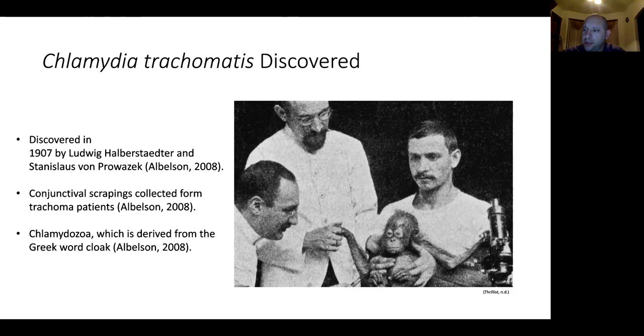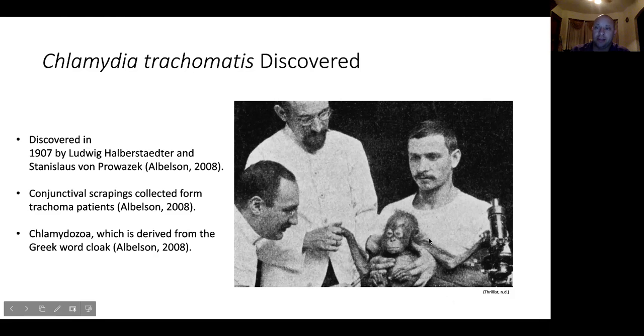These two scientists named the unusual inclusion bodies that they found based on how they appeared to them. Under the microscope, it looked like it was draped around the cell's nucleus, so they called it chlamydozoa, which is derived from a Greek word meaning cloak. It looked like it was cloaking the nucleus, so that's where the name came about.